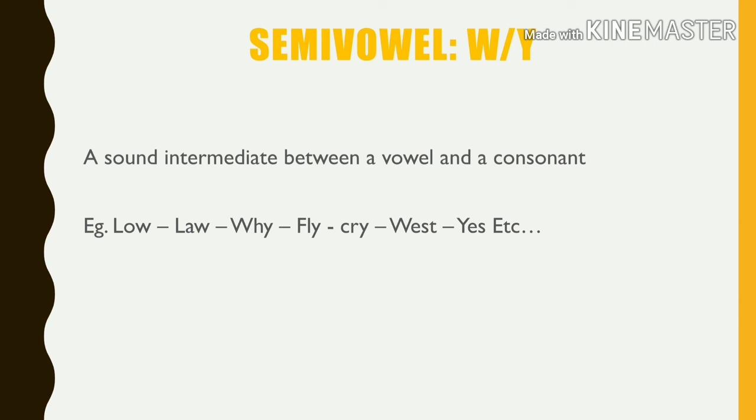The last letter Y here begins with, it's producing the long E vowel sound. So it is E, fly, fry. So these are examples of semi-vowels, which begin with intermediate sounds between vowel and consonant.